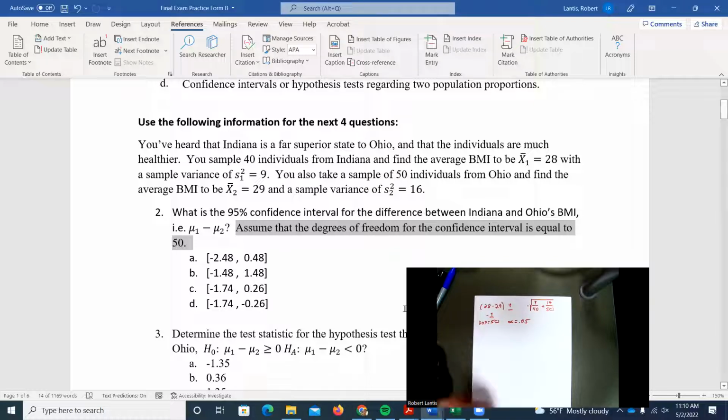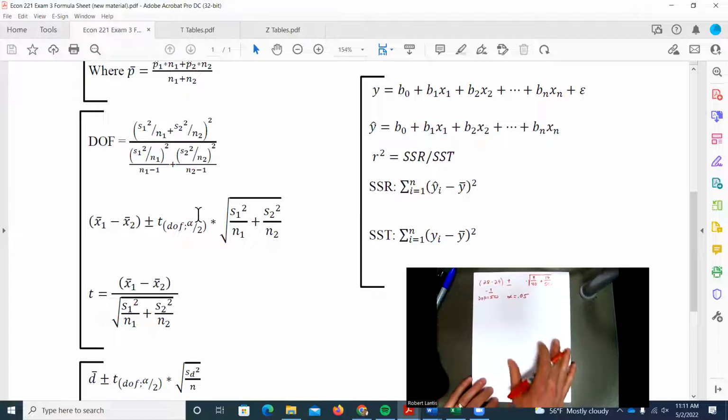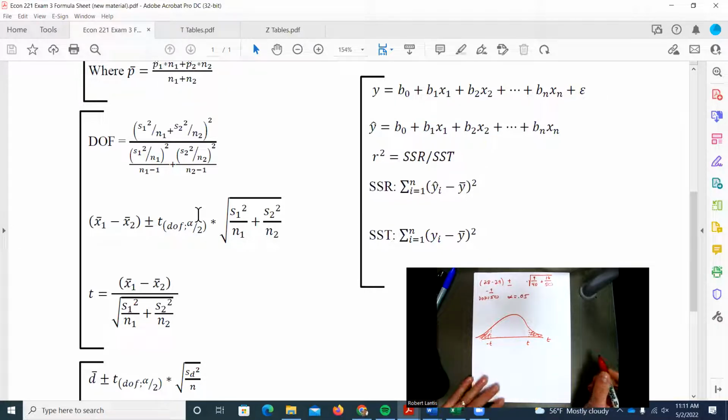Now, from there, I just need to look up that T value, right? Now, remember, when we're looking up this value, we're going to go a certain number of standard deviations above and then below so that we have an alpha total outside the interval. If I've got two sides of my interval, that means I've got half of alpha on each side.